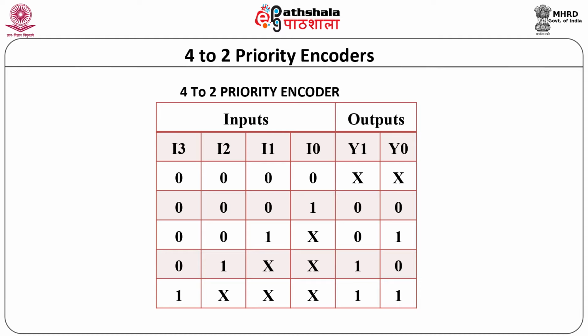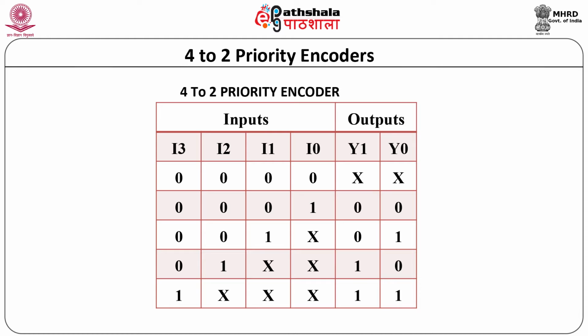There are 4 inputs I0 through I3 and 2 outputs Y0 and Y1. With these 4 inputs, the actual truth table would have been with 16 possible input conditions. But for simplicity, the truth table is prepared wisely and contains only few conditions with the help of X, that is don't care condition.